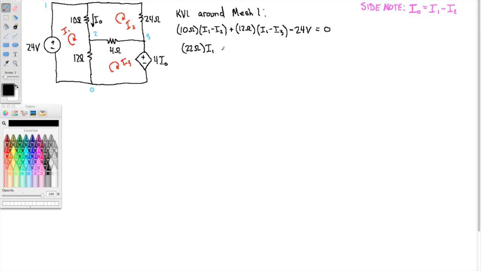And I2, I've got a minus 10 ohms. And I3, I have a minus 12 ohms, and I'll add the 24 volts to the other side. We will come back to this. Call that equation 1. Alright, let's do KVL around mesh 2.